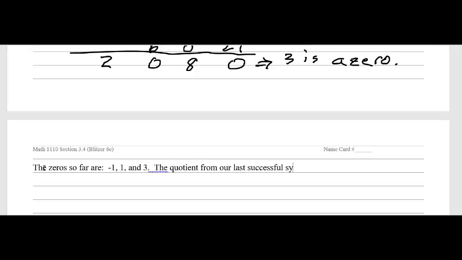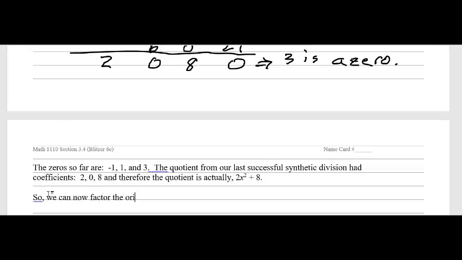The quotient from our last successful synthetic division, and by successful I mean we got a remainder of 0, has coefficients 2, 0, and 8. So the quotient is 2x squared plus 0x plus 8, which is 2x squared plus 8.